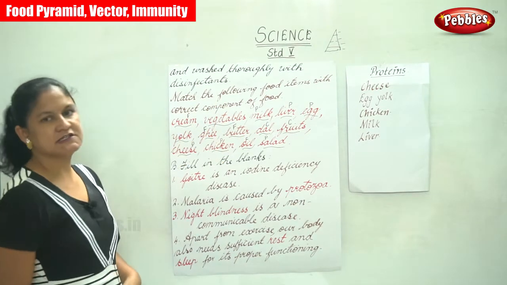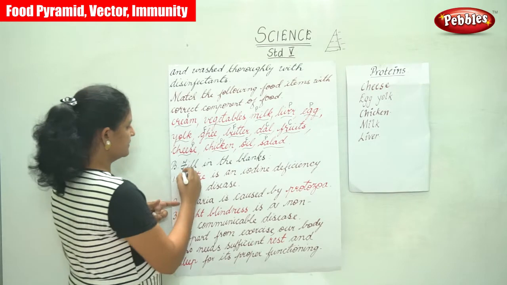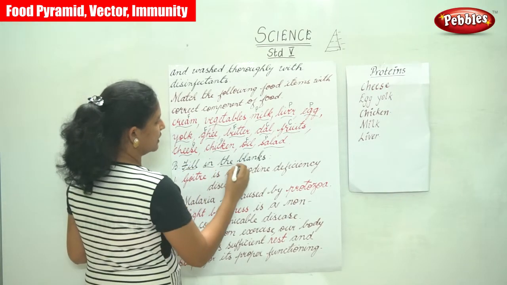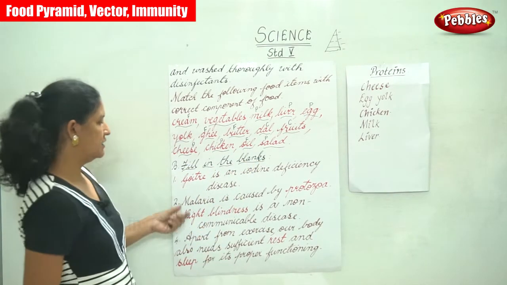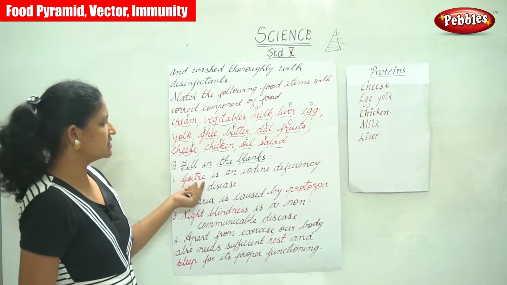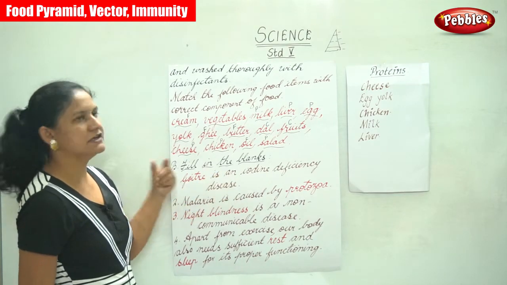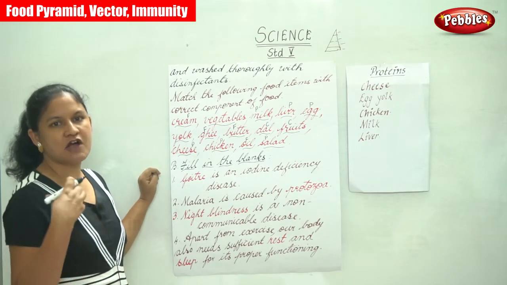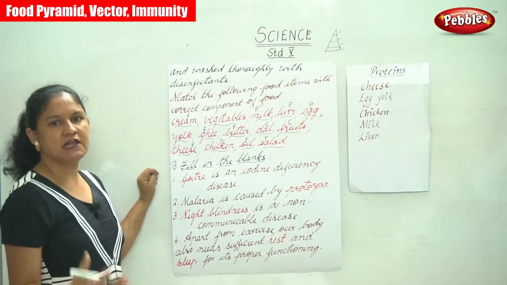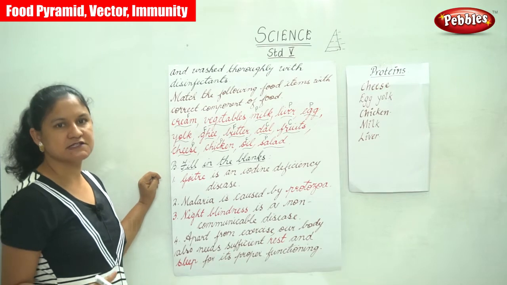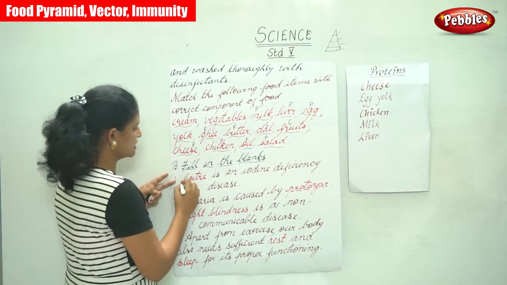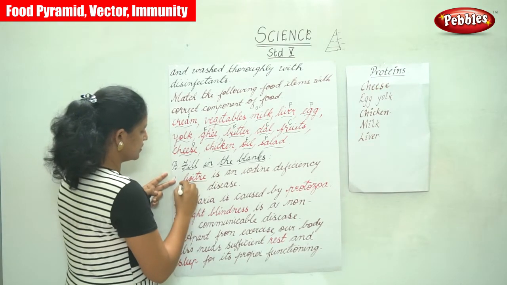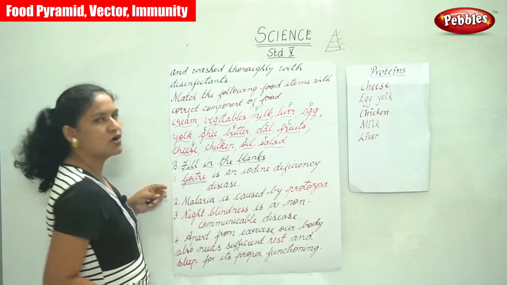Moving on to the next, the fill in the blanks. We are going to see what will fill in the blank. The first is: dash is an iodine deficiency disease. In case we have iodine deficiency, what disease does it cause? It causes goiter.